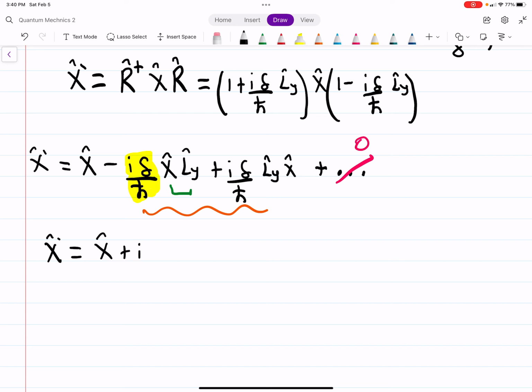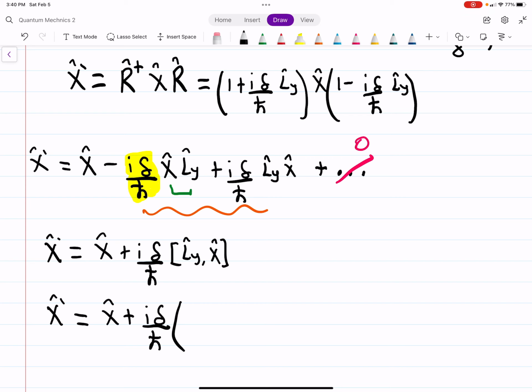is plus i delta over h bar, those constants. And hopefully you see this is the commutator relation, [L_y, x]. And we know what that is from the equation that they referenced in the problem. This is going to be i h bar.